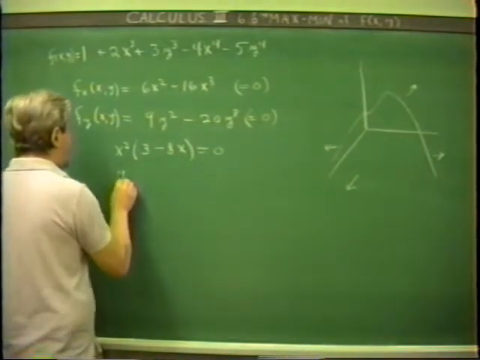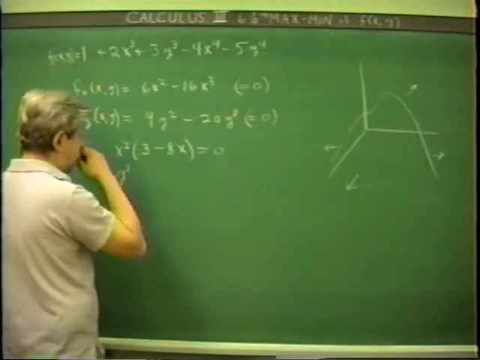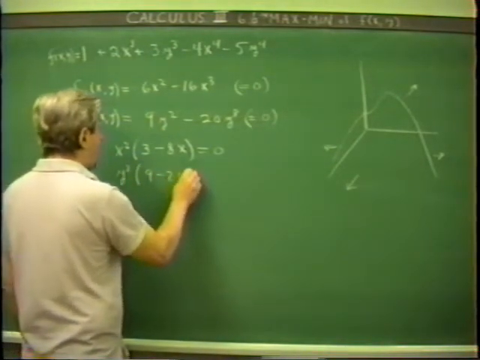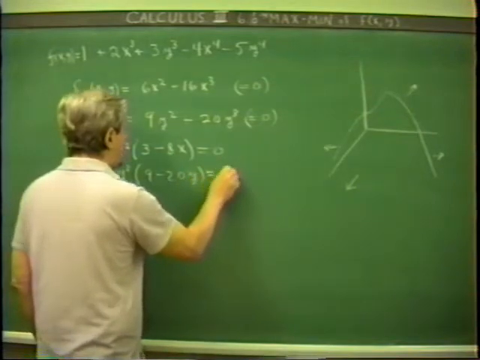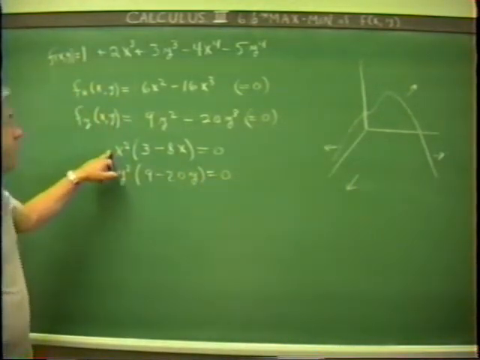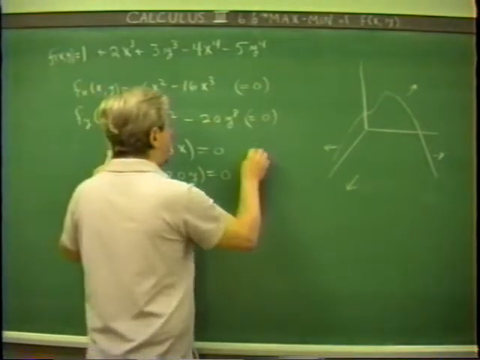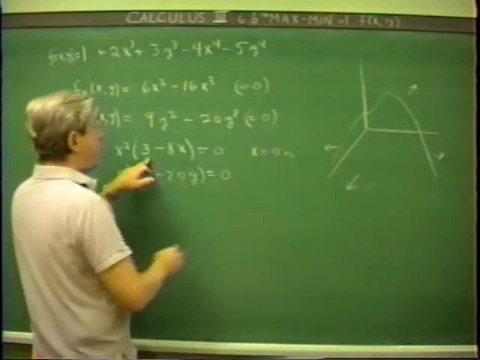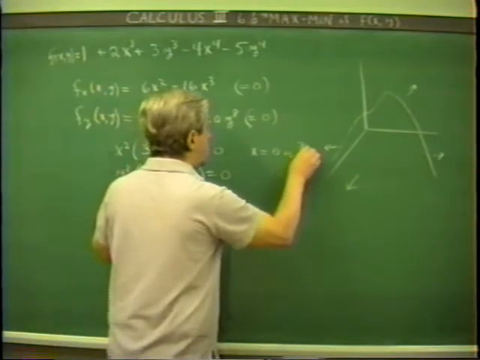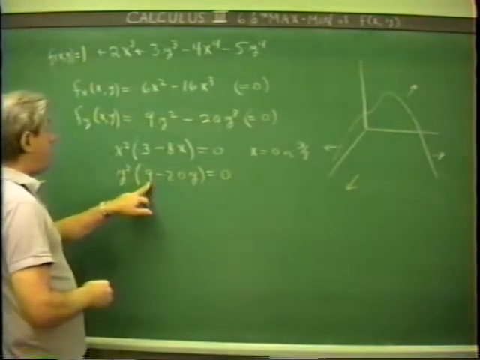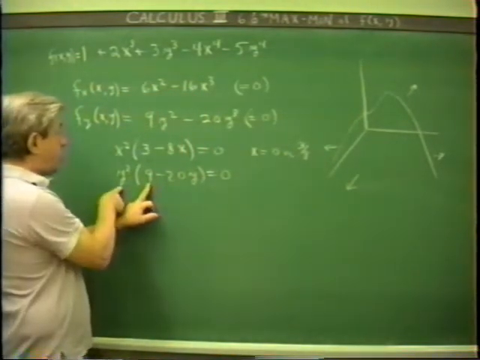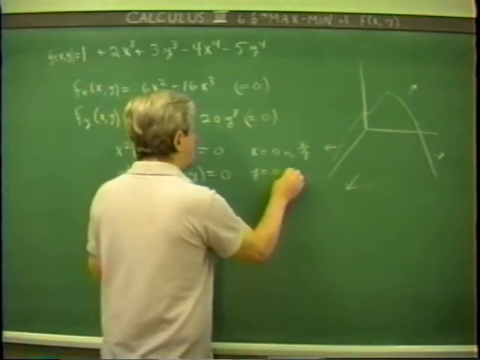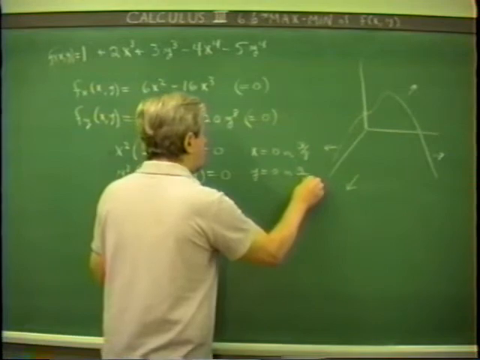The partial with respect to y is going to be equal to 0 when we factor y squared out of here: we've got y squared times 9 minus 20y equal to 0. So this is going to be the case when x is equal to 0 or 3/8. And this is going to be the case here when y is equal to 0 because of this factor, or 9/20.